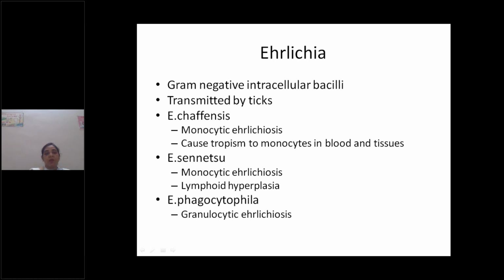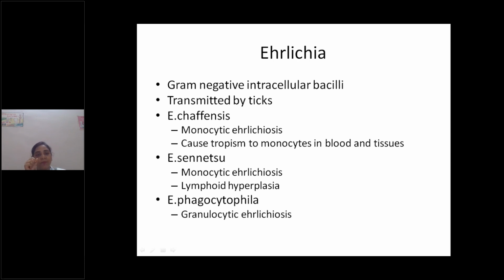Ehrlichia chaffeensis causes monocytic ehrlichiosis and shows tropism for monocytes in blood and tissues. Next, Ehrlichia ewingii also causes monocytic ehrlichiosis as well as lymphoid hyperplasia. Whereas Ehrlichia phagocytophilum causes granulocytic ehrlichiosis.